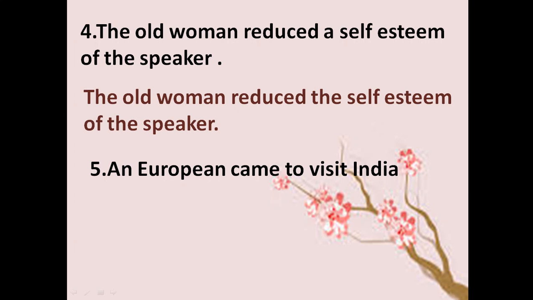In this sentence, "an" is used wrongly. You might think that European starts with the letter E. Why is "an" wrongly used here?